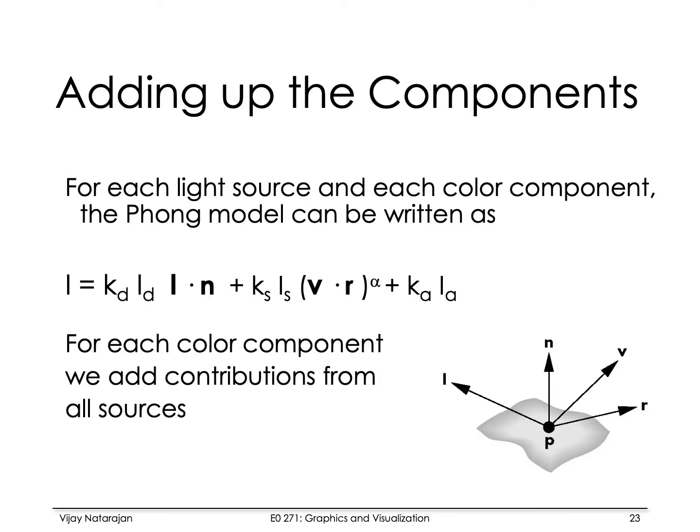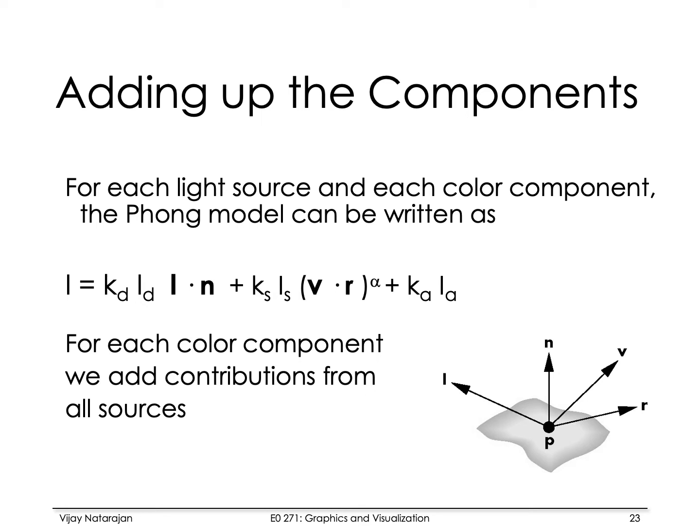Putting all these terms together, for every light source and for each color component, we have the following expression for light intensity I. So we have the first term, which is the diffuse component, K sub D, I sub D. Remember that it is proportional to the angle between the light and normal. And then the specular component, K sub S, I sub S, which is proportional to the angle between the viewer and the perfect reflected ray. And then the ambient component.